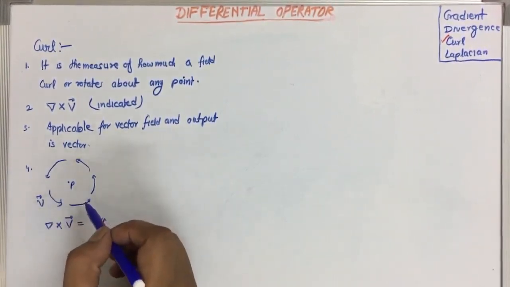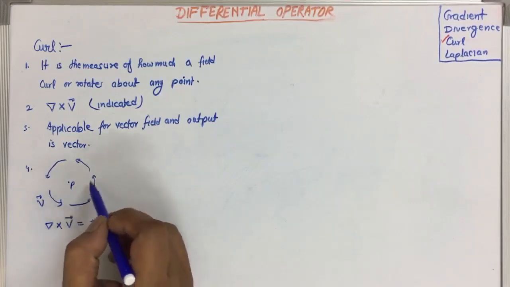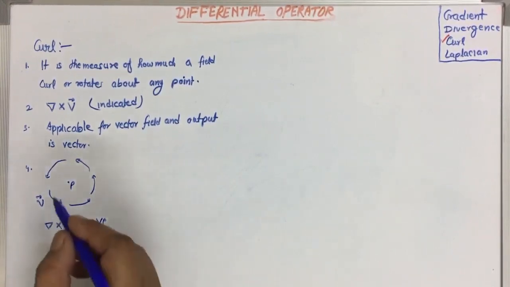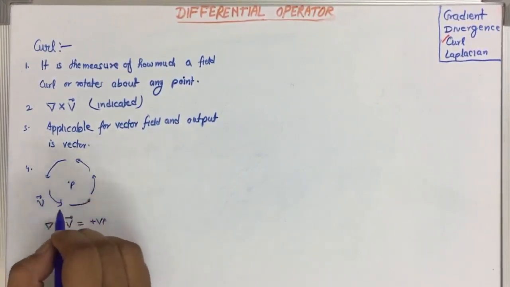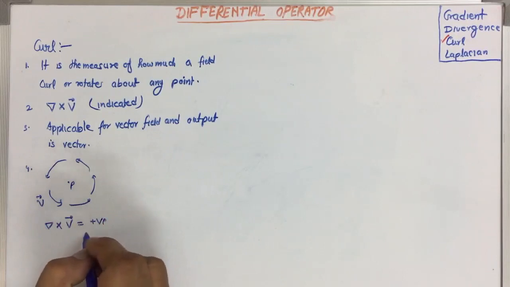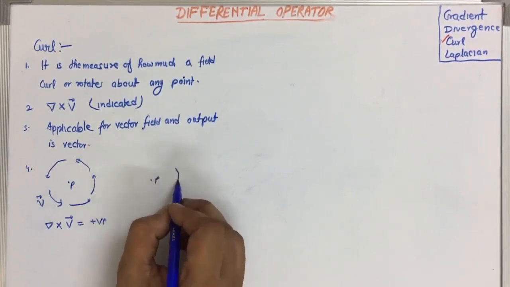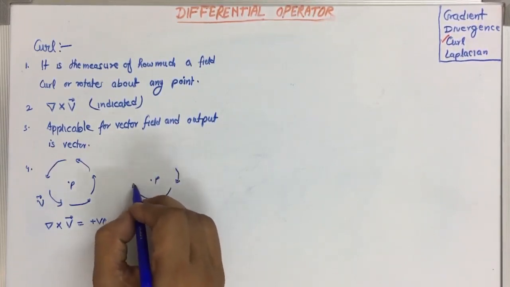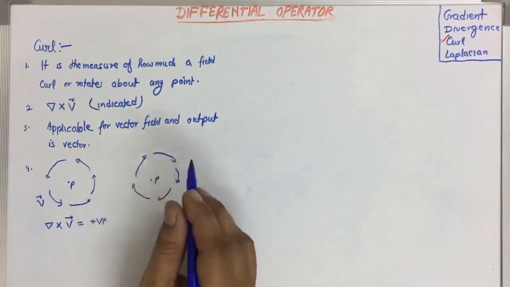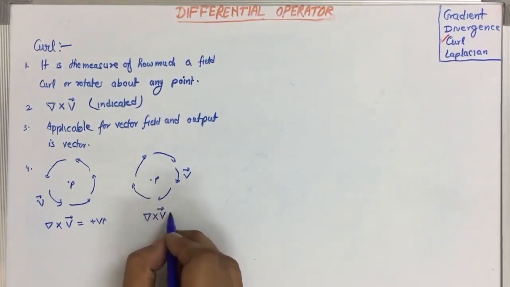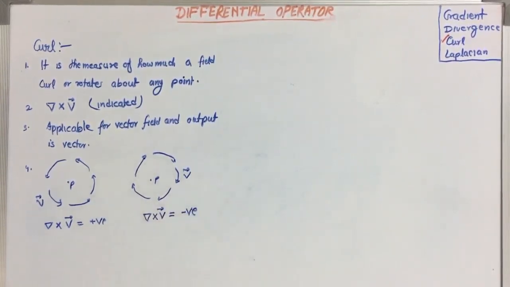We are trying to find the rotation of the field about any point. If it is rotating in anti-clockwise direction, then it is considered as positive. At the same time, if the field is found rotating in clockwise direction, then the curl of that field will be considered as negative. Those are the fundamental assumptions we are taking here.